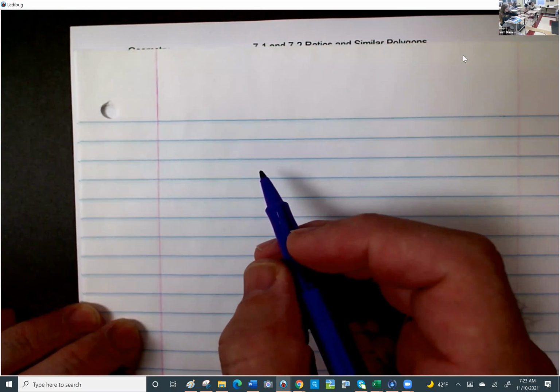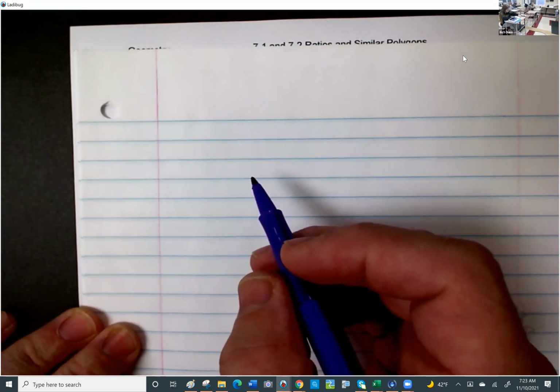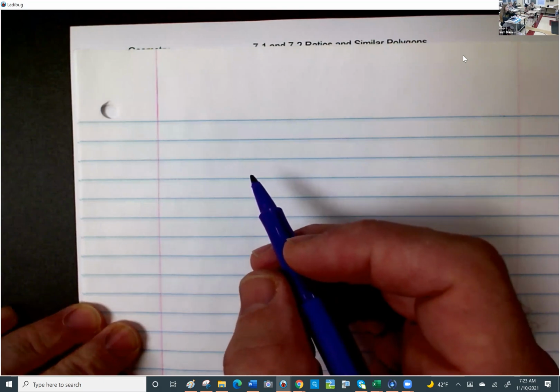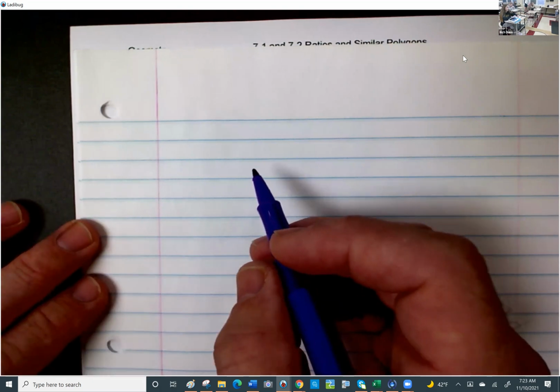So let's start off with an open box top. And some of you may remember this one from Algebra 2. So we have an open box top made by cutting congruent squares of side length X from the corners of a 20 by 25 sheet.